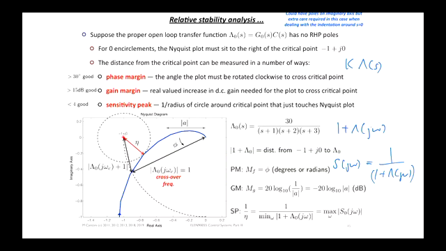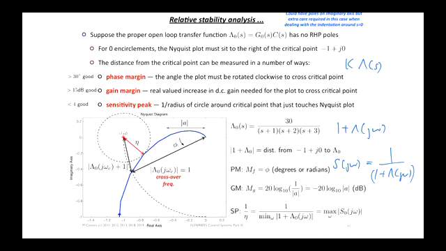So that's why we're interested in how close the Nyquist plot is to the critical point -1. As we'll see later on today, there's another reason for being interested in how close the Nyquist plot gets to the critical point -1, from the perspective of how robust the closed loop system will be to modelling errors.